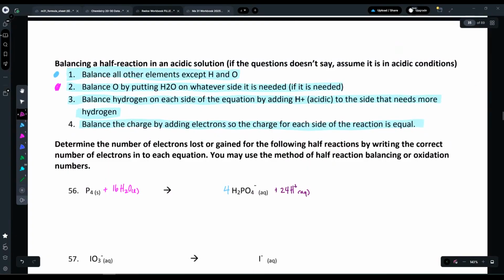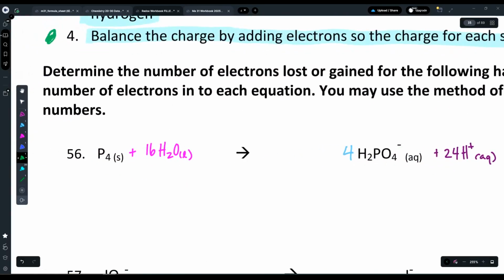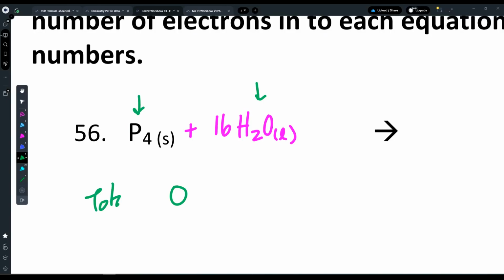So step number 3, that was purple. So step number 4, we'll do that in green here. Essentially what we want to do is figure out what's the total charge from each side. On our reactant side, since both of our reactants are neutral compounds, the total charge is going to be 0.